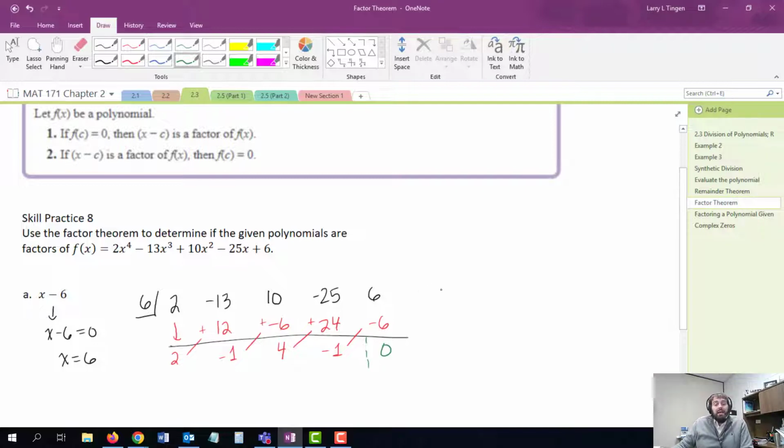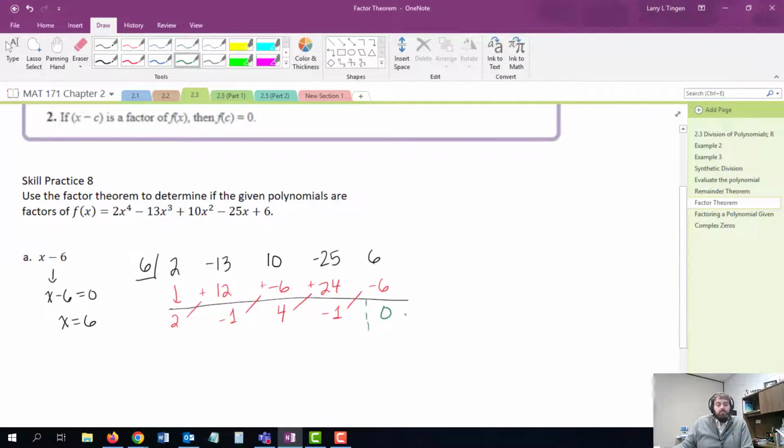So that means I now know, because of this, that if I take f of x and I plug in 6, I will get an evaluation of 0. The factor theorem says if I know this to be true, then x minus c is a factor of f of x.